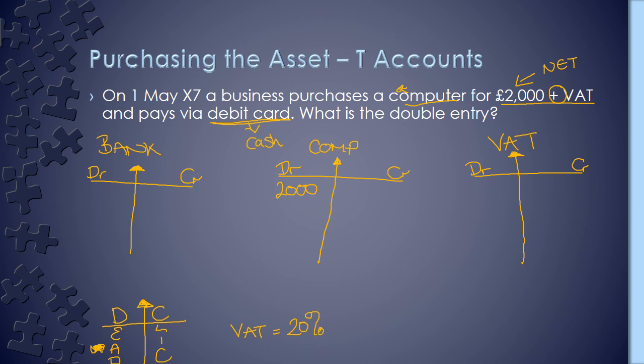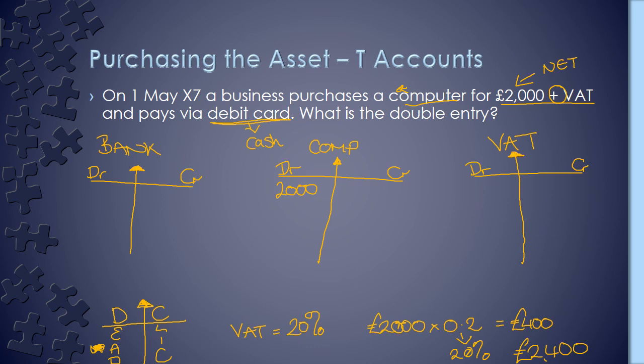So to work out the VAT, you would do 2,000 times 0.2, which is 20% in decimal form, and that equals 400. So our gross amount is £2,400.